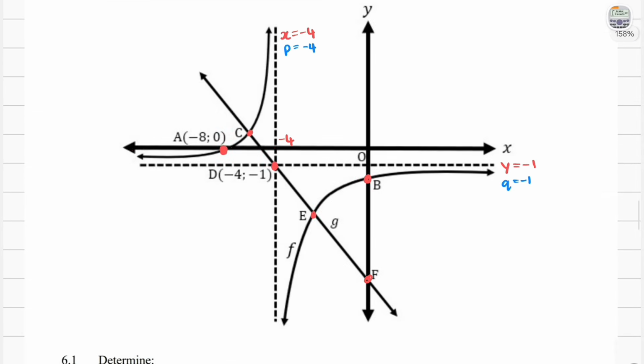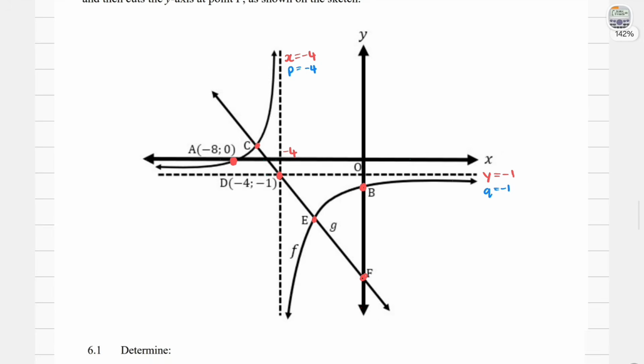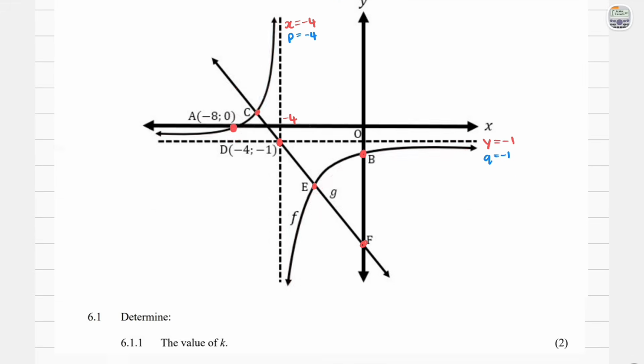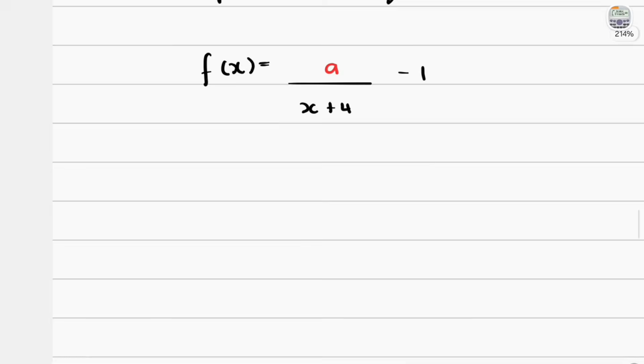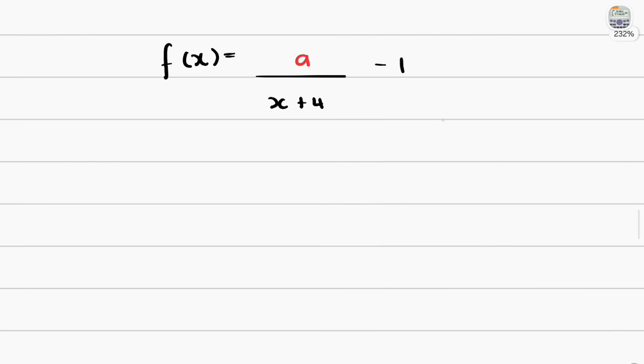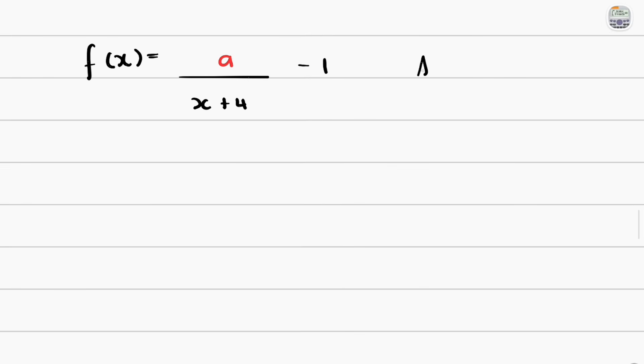Okay, so let's look at this. Do we have a point on the hyperbola? Yes, the hyperbola has this point over here, negative 8. Okay, and doesn't really have any other visible point, but it has negative 8 and 0. So we'll substitute that as the x-intercept that it is. So we're putting in a, negative 8 and 0 in place of x and y.